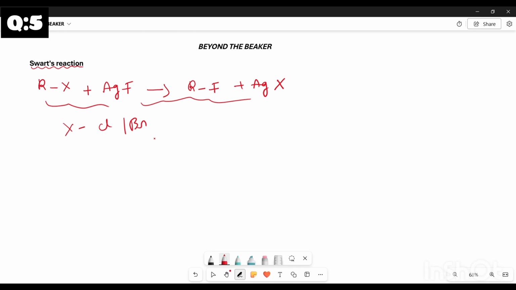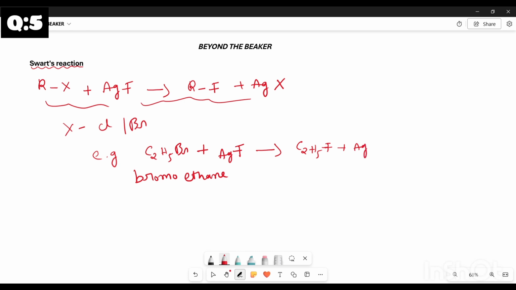I will take one example: ethyl bromide, C2H5Br, or bromoethane. Ethyl bromide is heated with silver fluoride. It undergoes halogen exchange to give C2H5F plus silver bromide.